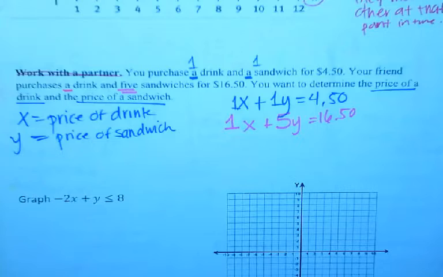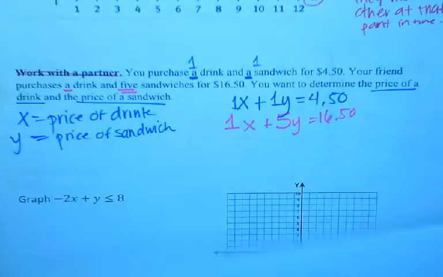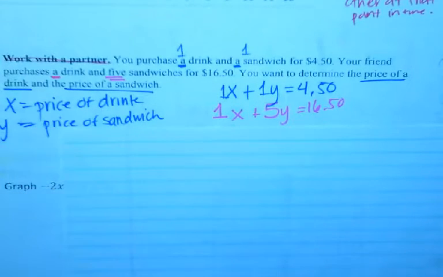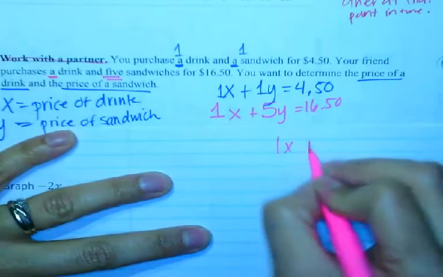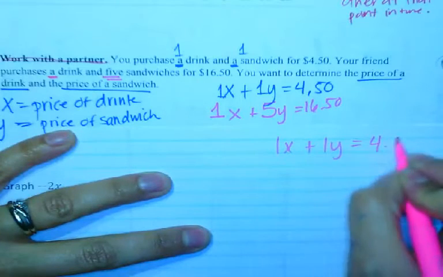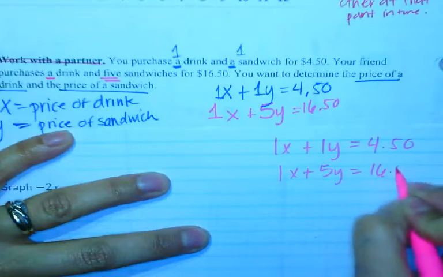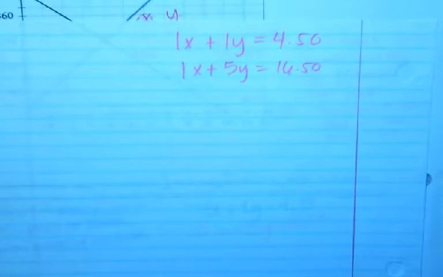Once you have this there, now you can decide if you want to do substitution or elimination. It's up to you. I feel like I'm going to do elimination. Let me rewrite my 2 equations over here. Okay, I want to eliminate over here.